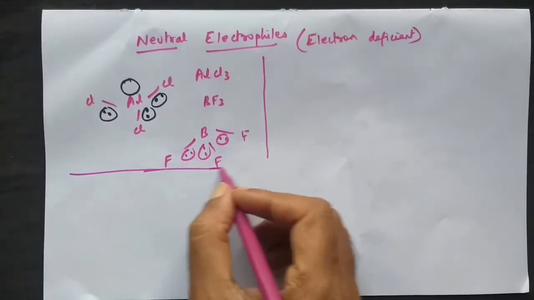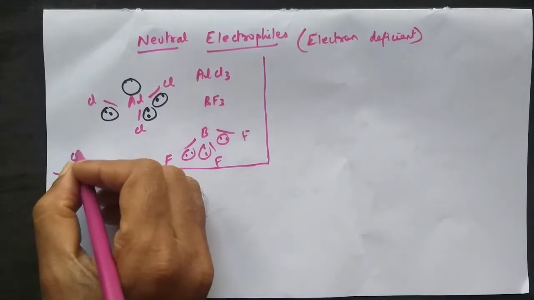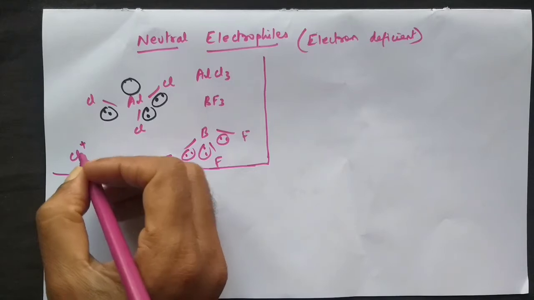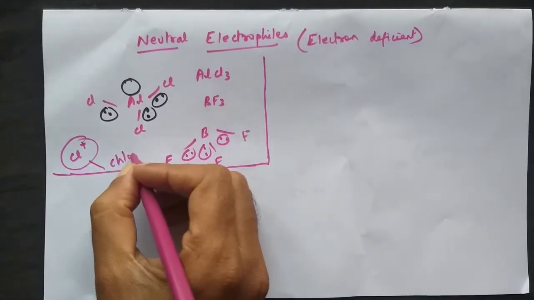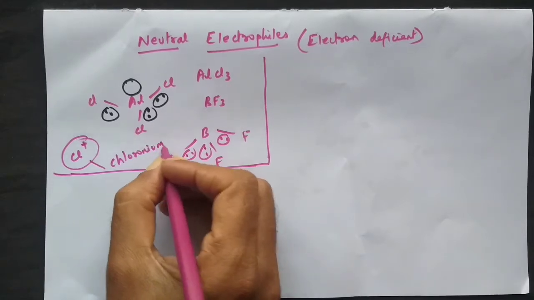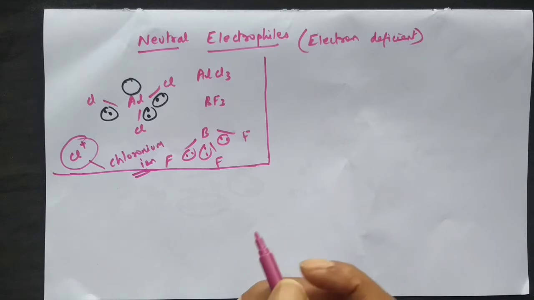These are examples of neutral electrophiles. And when you have Cl plus, of course it is positive. This we call the chloronium ion, which is once again an electrophile.